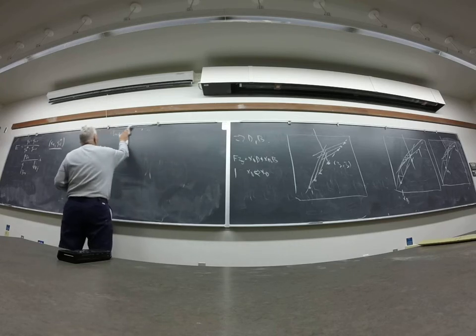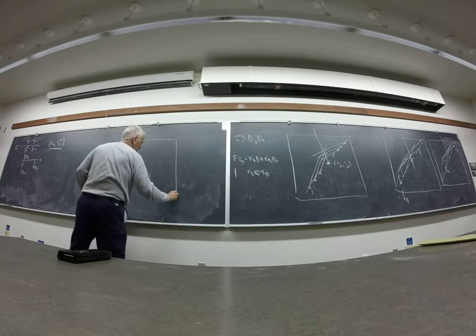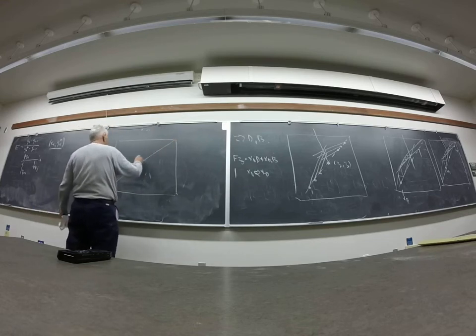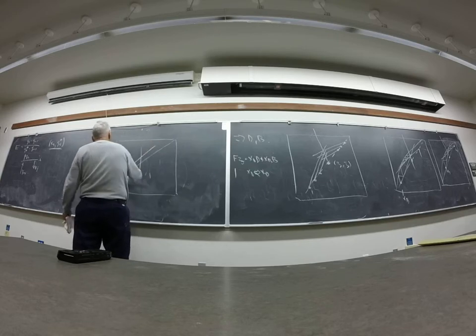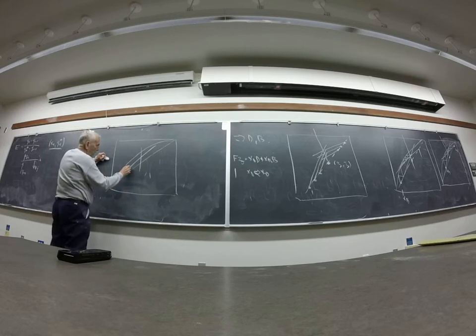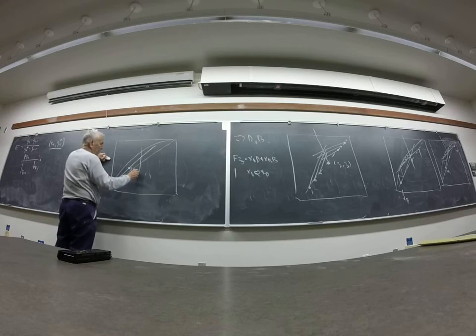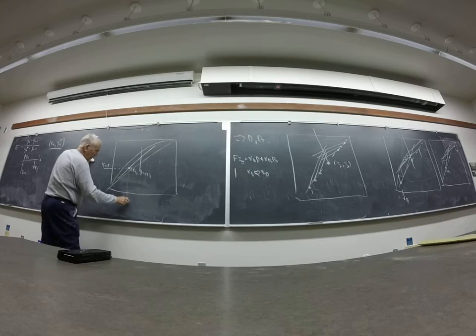So I'm doing a problem of some sort or another, and I've been moving along here, and maybe this is the operating line right here, and maybe this is the equilibrium curve right here, and maybe I've arrived at a material balance point right here. This would be the point whose coordinates are xi, yi minus 1. So this value right here is yi minus 1. This value right here is xi.